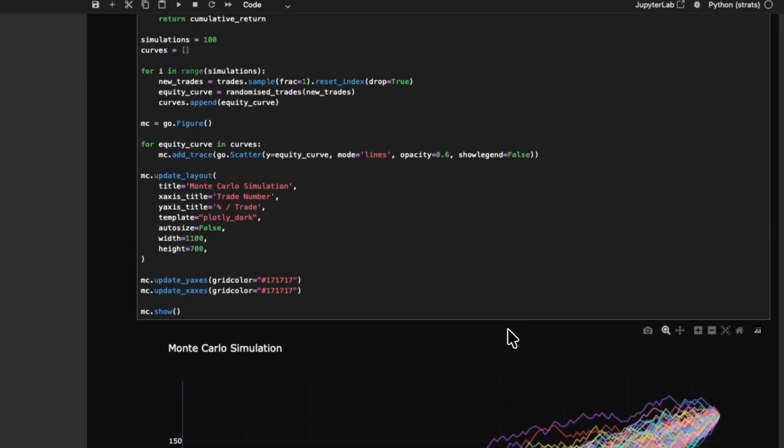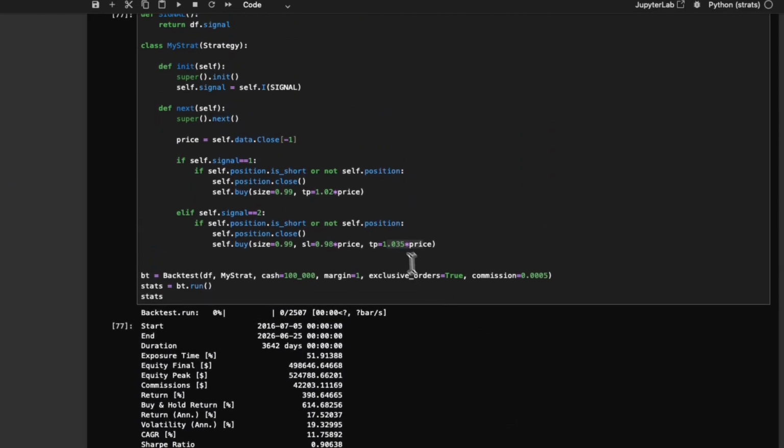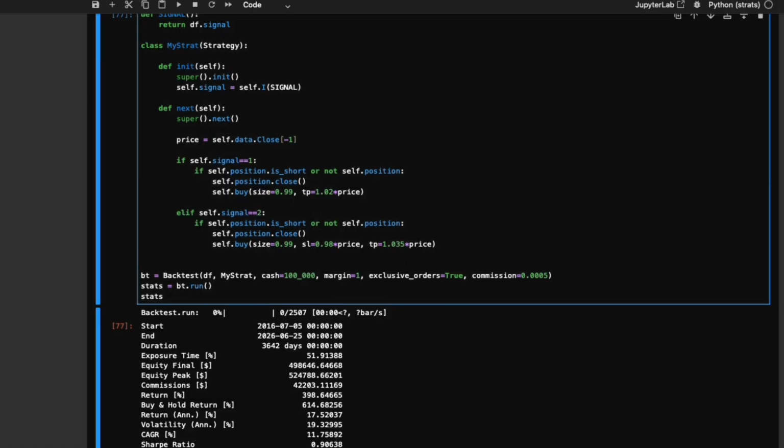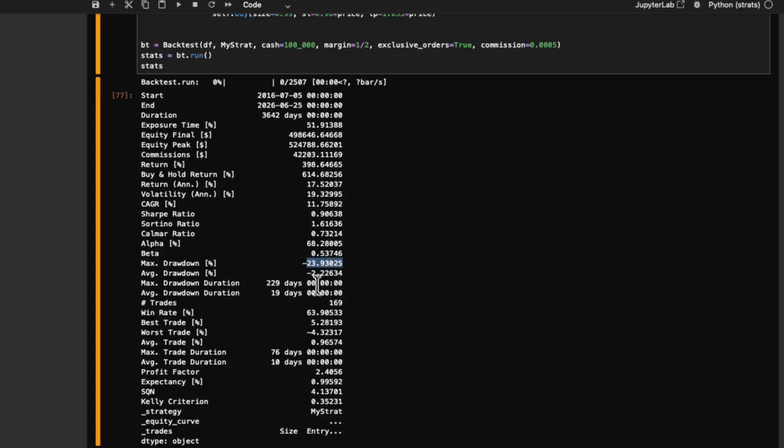So given that we didn't beat buy and hold, could you use a bit of leverage? Well, you probably could, but you need to be wary about this, and you'd probably be looking to add in a stop loss before you do. If you were to use 2-to-1 leverage, obviously all your normal metrics would stay the same, like win rate, number of trades and all the rest of it.